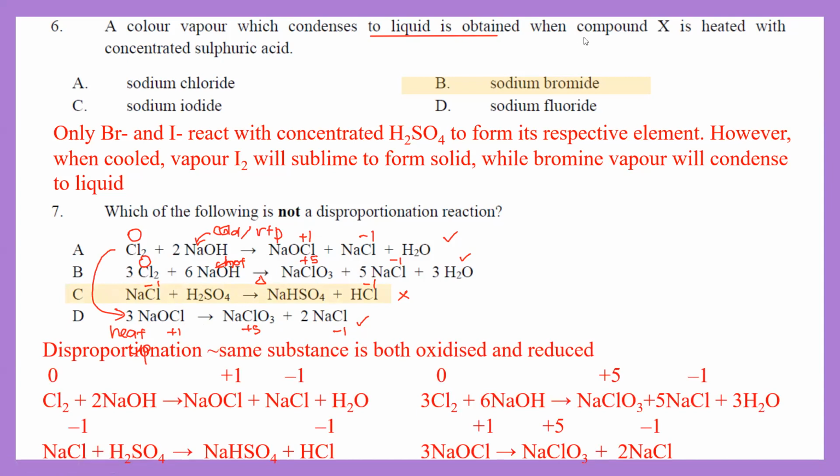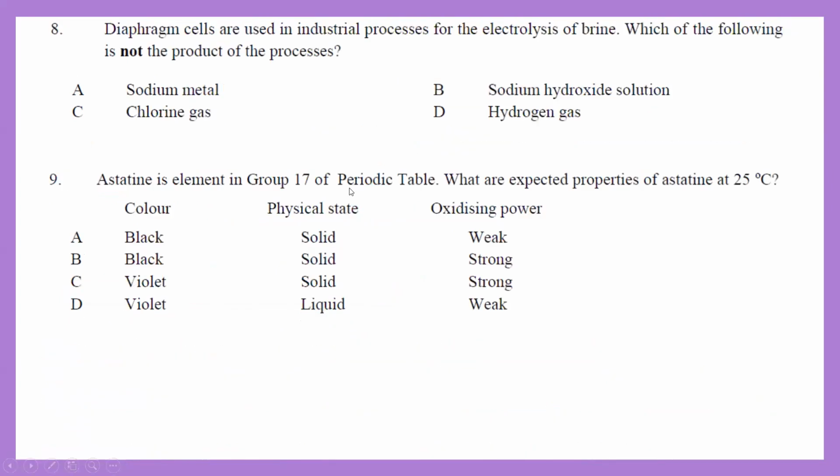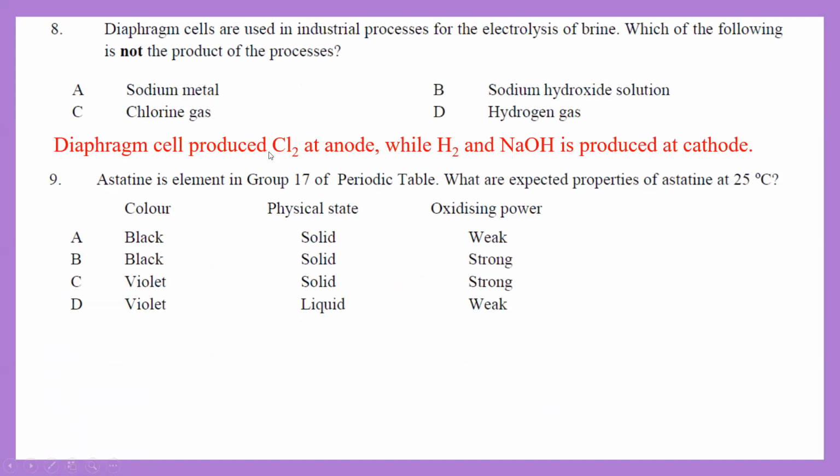So we go to the next question, which is question number 8. Diaphragm cells are used in industry in the process of electrolysis of brine. Which of the following is not a product of the process? So in the diaphragm cell, you produce chlorine at the anode, according to the half equation 2Cl minus gives Cl2 plus 2e minus.